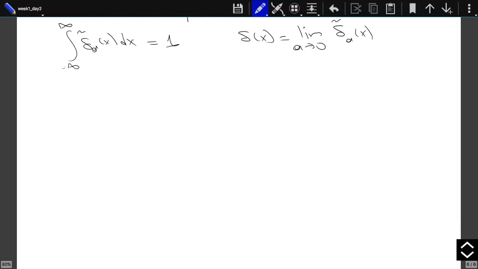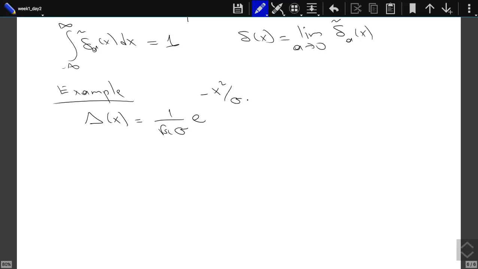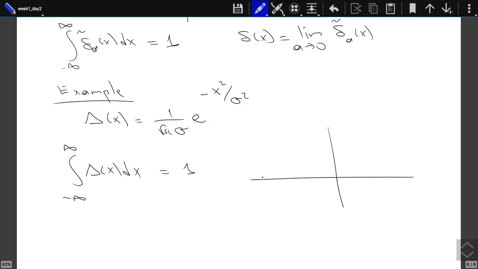Another example is the Gaussian function. If you define, let's say, delta sigma of x equal to 1 over square root of pi sigma, e to the power minus x squared over sigma squared, and you integrate this function from minus infinity to infinity, this is 1, whatever the value of sigma is. And its graph looks like this one. For a given value of sigma, this is, let's say, minus sigma, and somewhere over here is plus sigma.